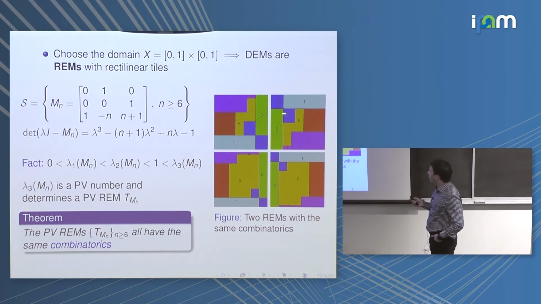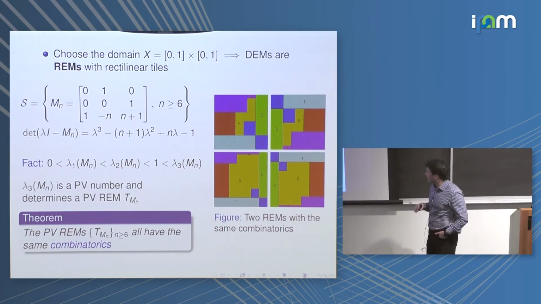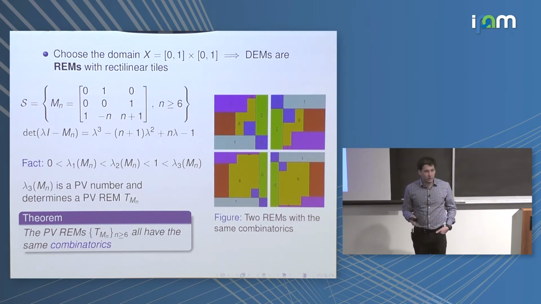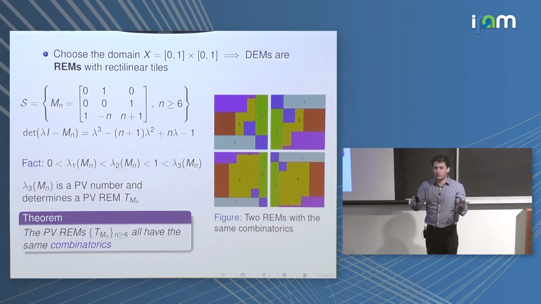This top panel, these top two figures, show two different partitions of the square, and they tell us everything we need to know about the map. And here I've shown a different REM with the same combinatorics, meaning that it has the same number of tiles. They're in roughly the same locations, but the tiles could be stretched horizontally or vertically.